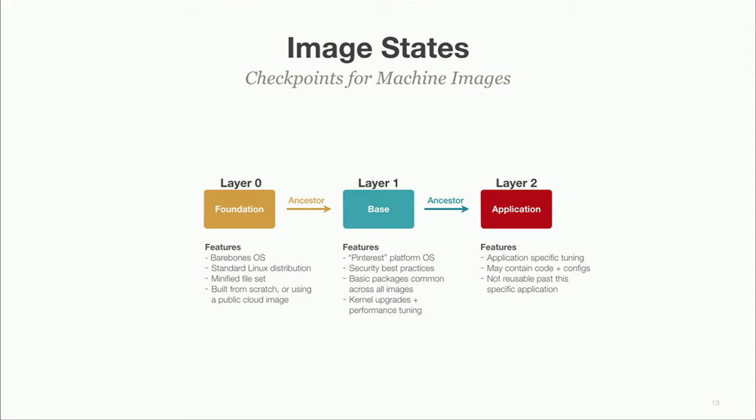At layer 0, or the foundation, there's a bare bones operating system, a very minimal installation. We use the same terminology other people in the industry like Netflix do: foundation, base AMI, and application AMI. The foundation is basically almost nothing more than a 14.04. We use Ubuntu, so a 14.04 or 12.04 base image. Then the real magic for your business happens at the base image.